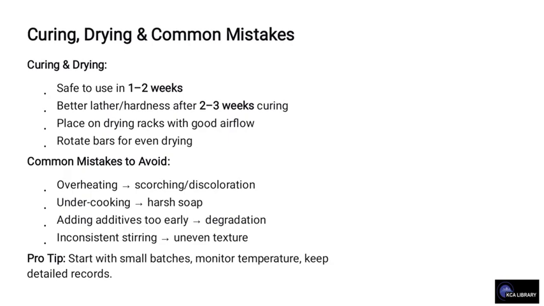The common mistakes to avoid are overheating, undercooking, adding additives too early, and inconsistent stirring. A tip for you is to start with small batches, monitor temperature, and keep detailed records.